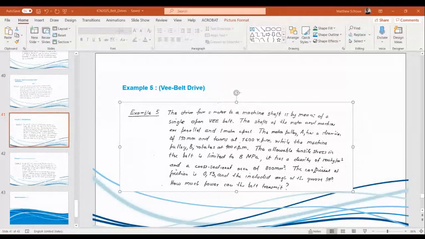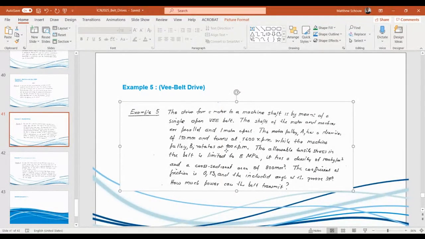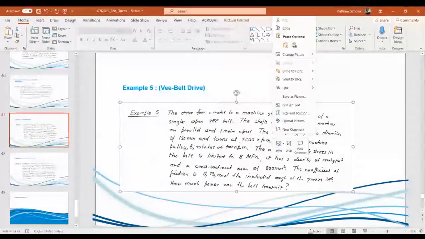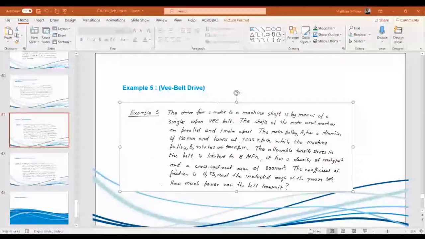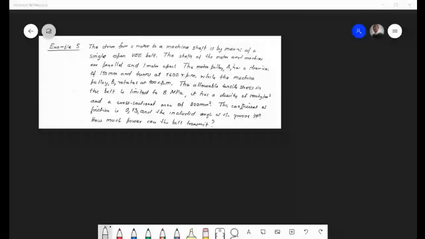So it's all essentially the same, nothing really, just adding an extra thing within the... I'm assuming it's shared now. There we go. So let's read this question.